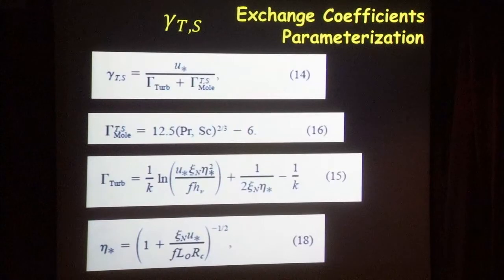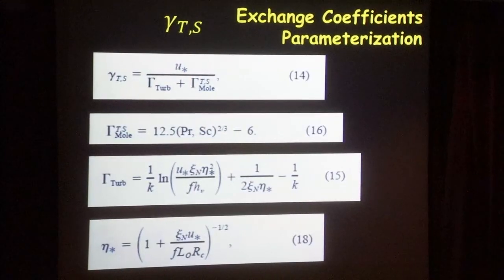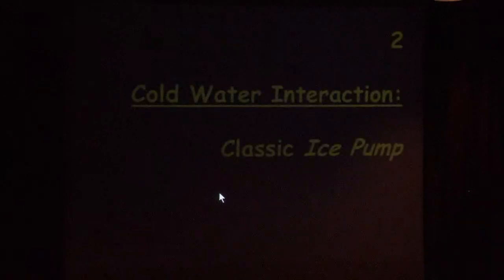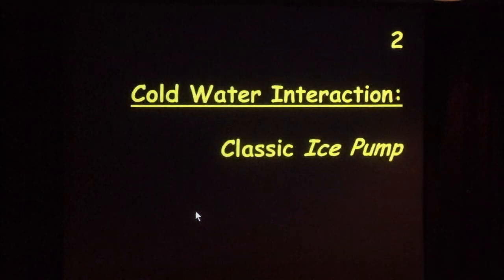My concern is that I would like to see all of this theory redone from a laboratory perspective, because I'm not completely convinced of it. It seems to be a lot of jumps of empirical statements that end up with these formulations. So let's jump. That little bit of theory is how you come up with the melt rates.